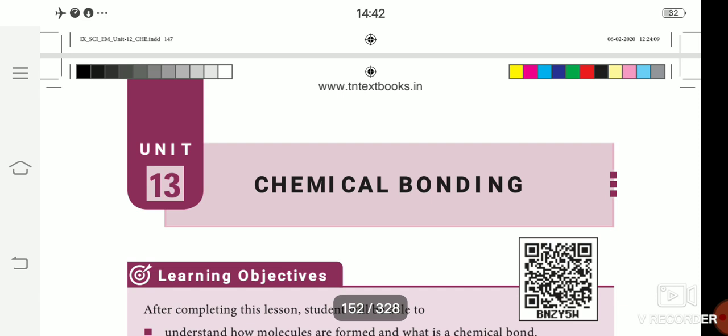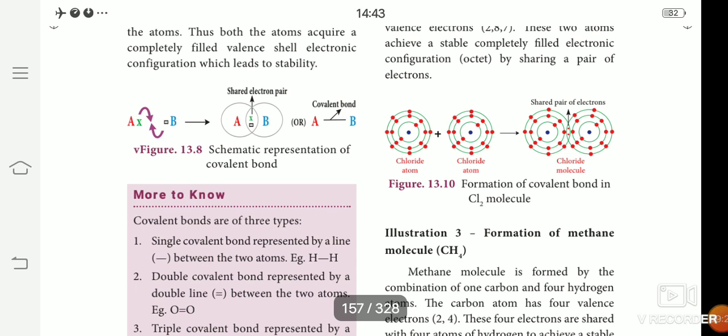So, the formation of a covalent bond. Let us consider two atoms, A and B. The A atom is short of one electron and the B atom has more than one electron in the outermost valence shell.